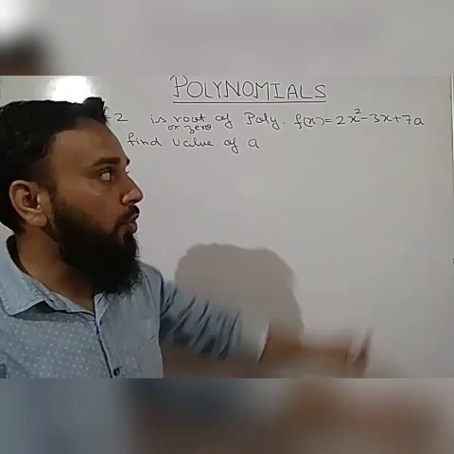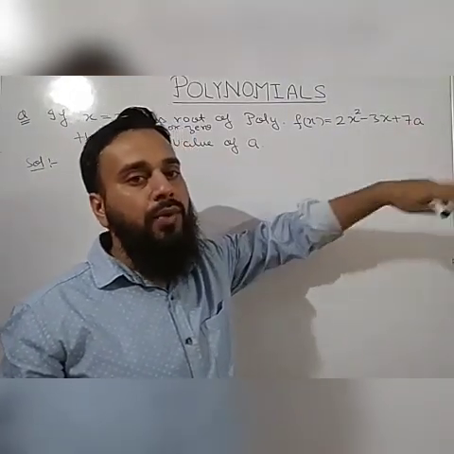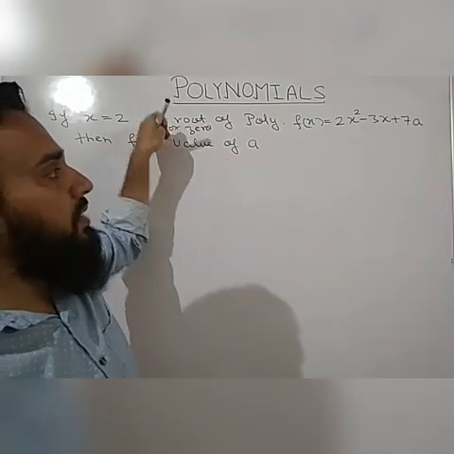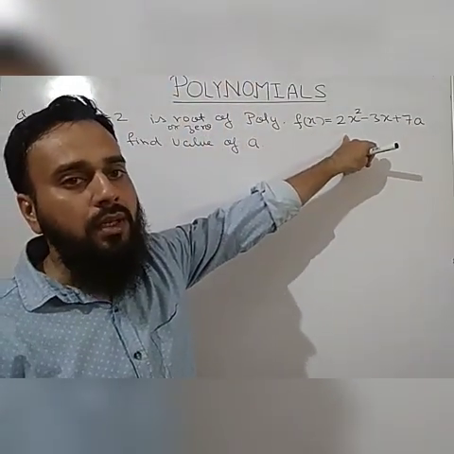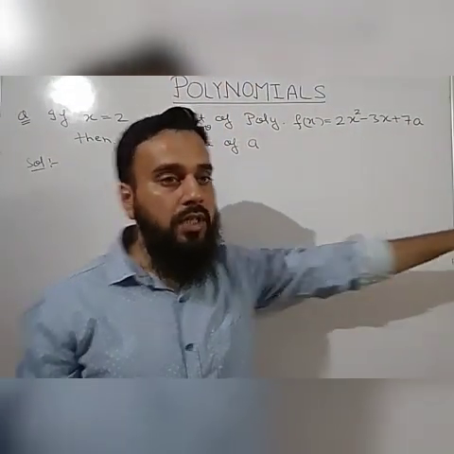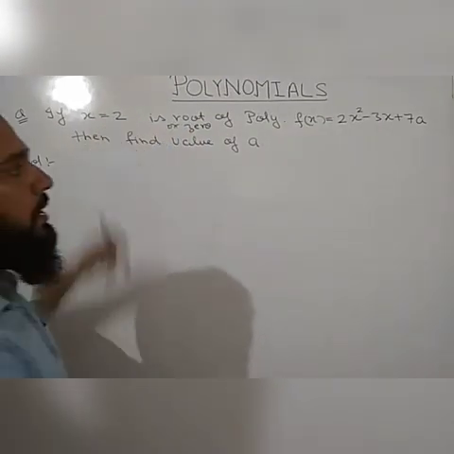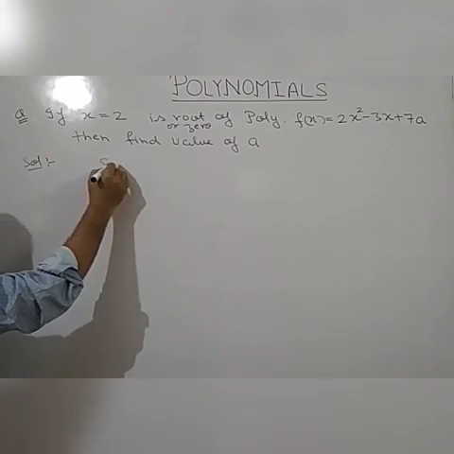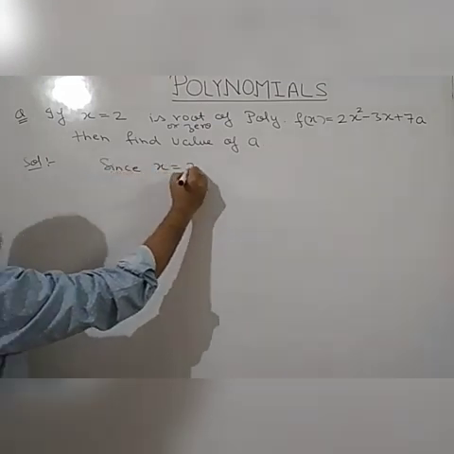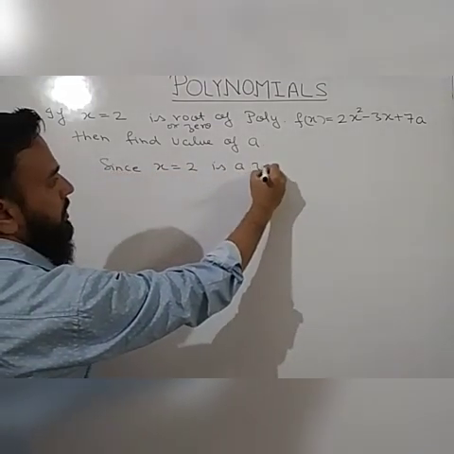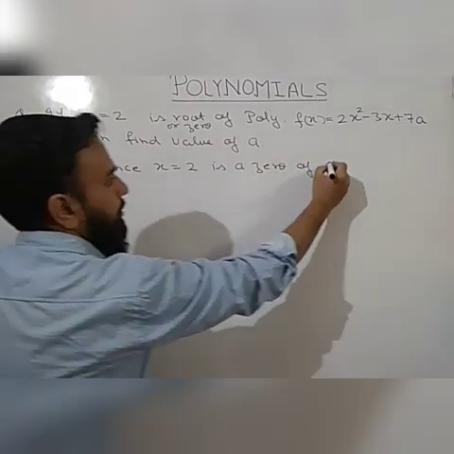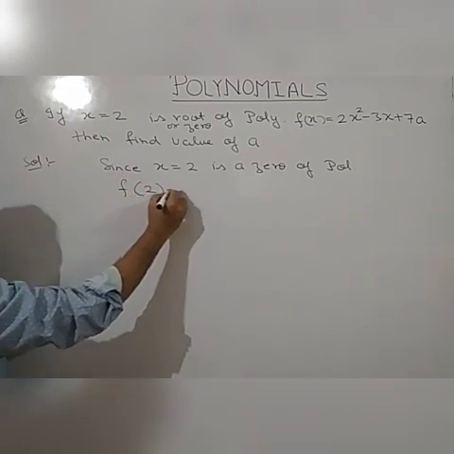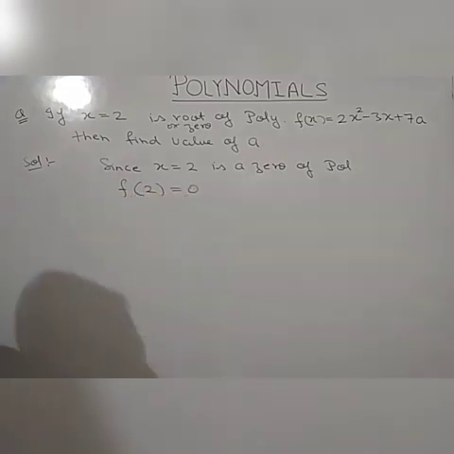So whenever an unknown is given in the polynomial and we have to find the value of that unknown, and a 0 is given, then we will put the value of that variable and set it equal to 0.